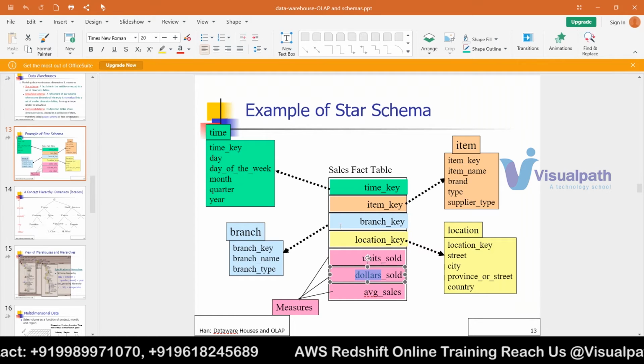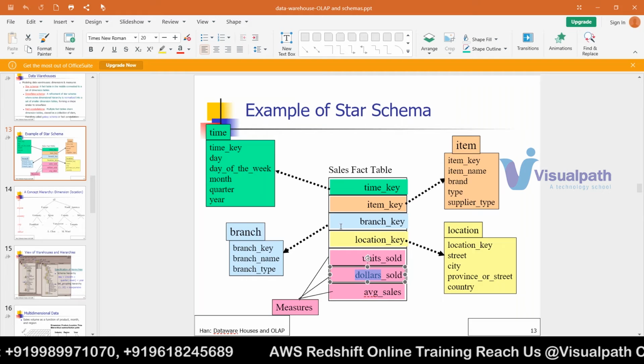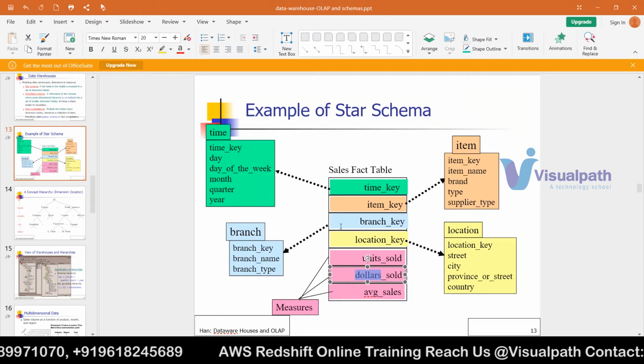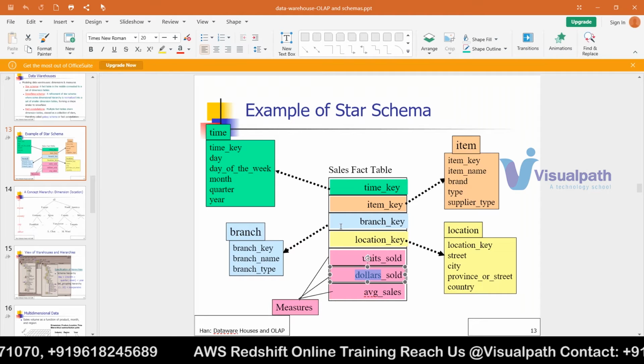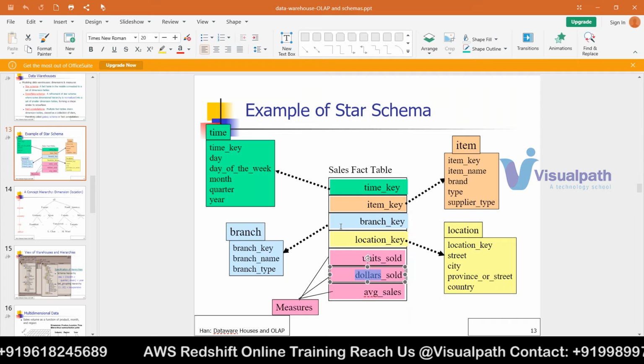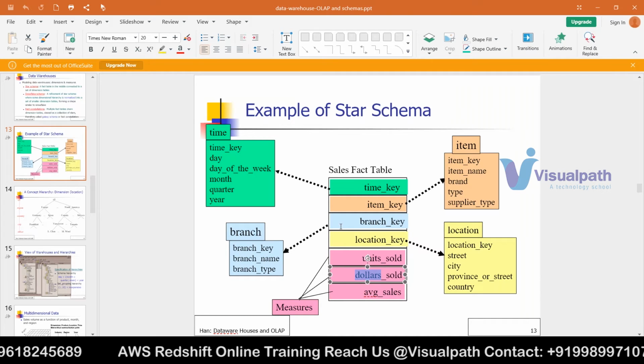That's why, if you see in our real-time projects, we will have different subject areas. Subject areas basically talk about a particular business. For example, you take banks: credit cards is one particular area, and customers, loans.